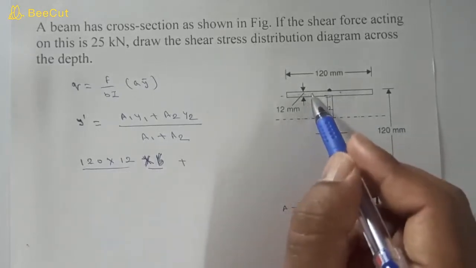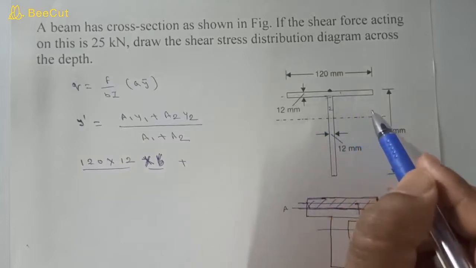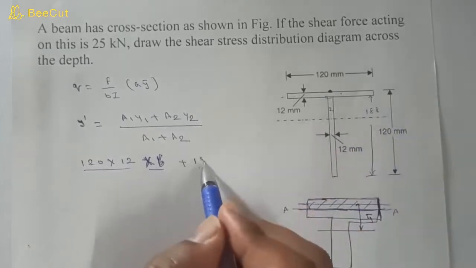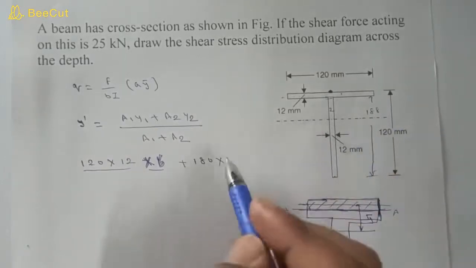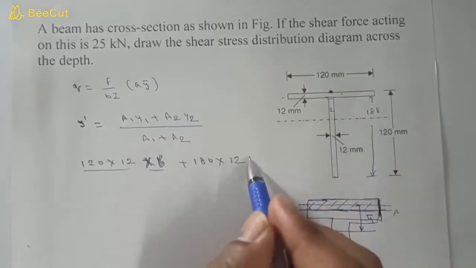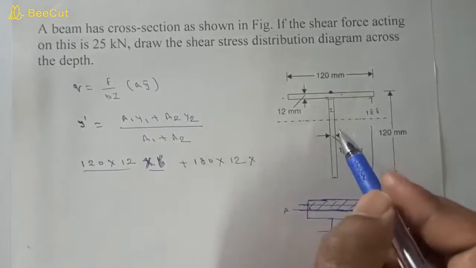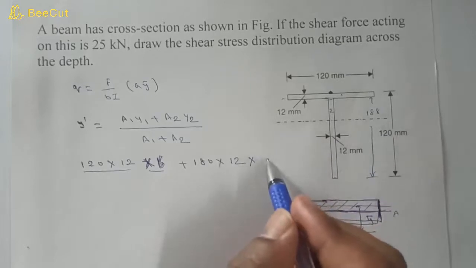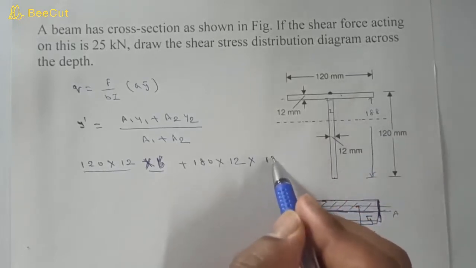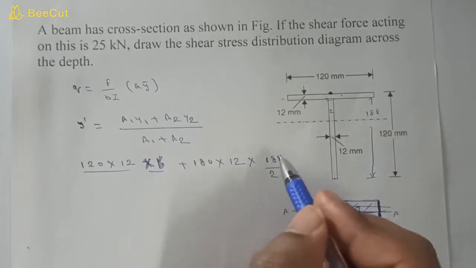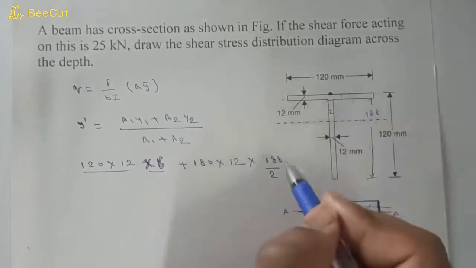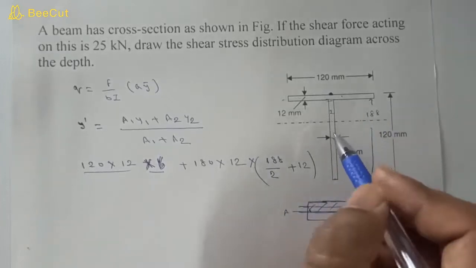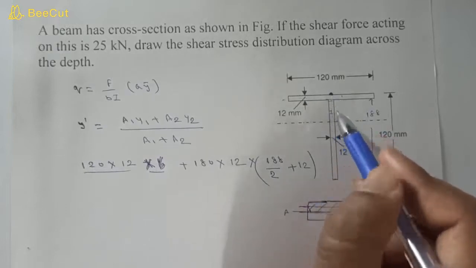The total depth is 120, so if we deduct 12 from it, it will become 108 from here to here. So a2 is 108 into width 12, into y1, which is at half of this side, 108 by 2, plus this distance 12, because we have to calculate the distance of the centroid of this section from the origin.